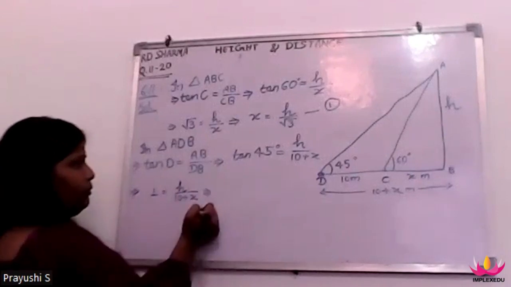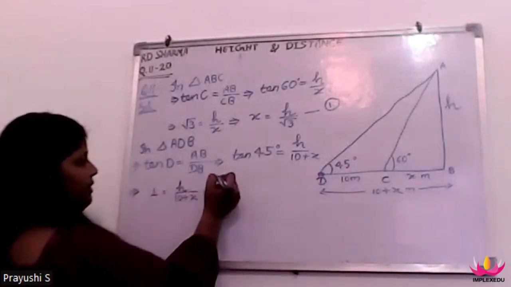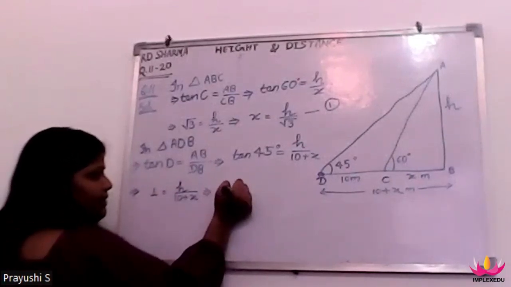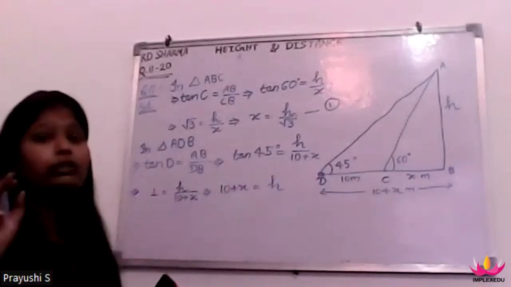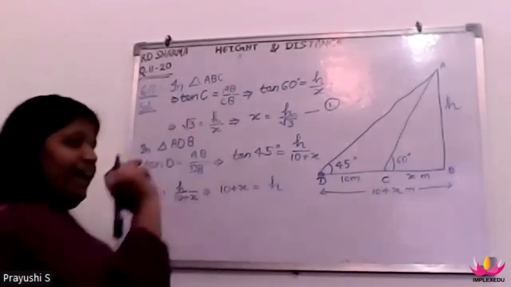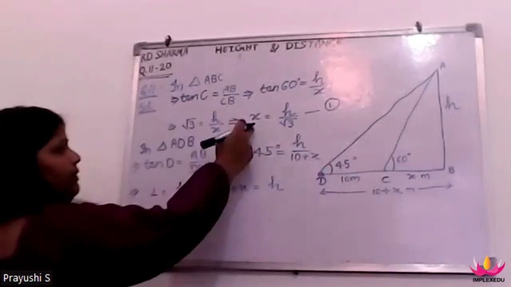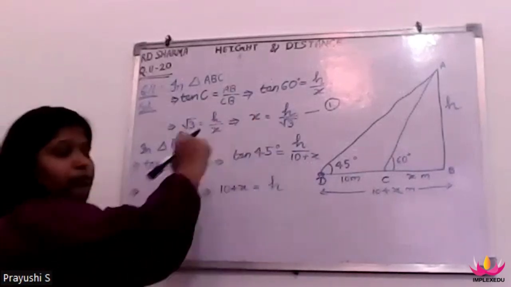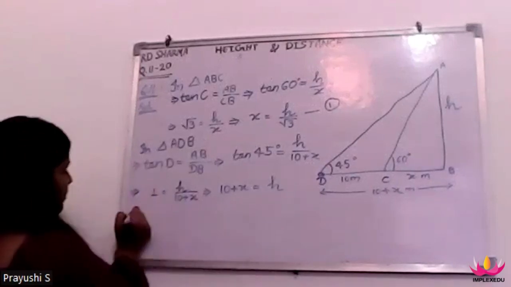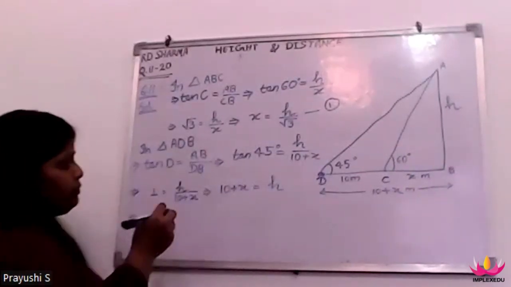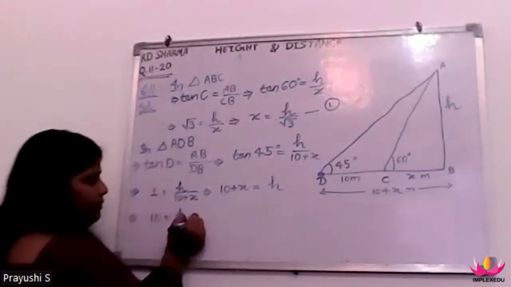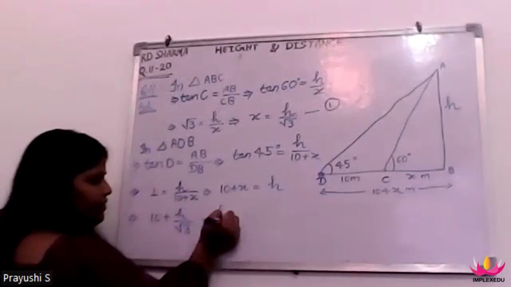From here, we get that 10 plus x will be equal to h. Because we need to find the value of h, we will put the value of x in terms of h. So we write 10 plus h upon root 3 is equal to h.